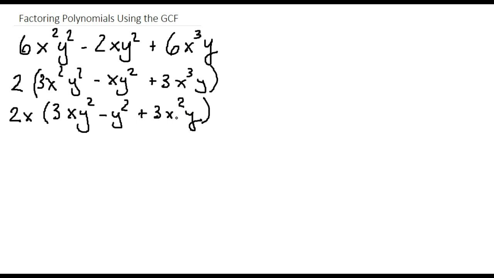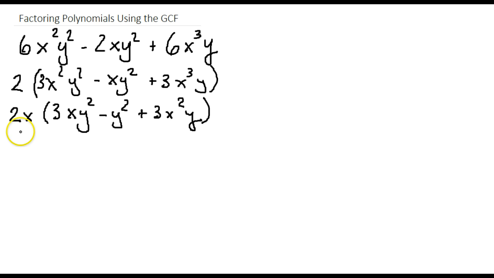So we've taken care of our coefficient, we've taken care of our x. Now let's look at our y's. Our first term has a y squared, our second term has a y squared, but our third term only has a y. So we can only pull one y out of each term.